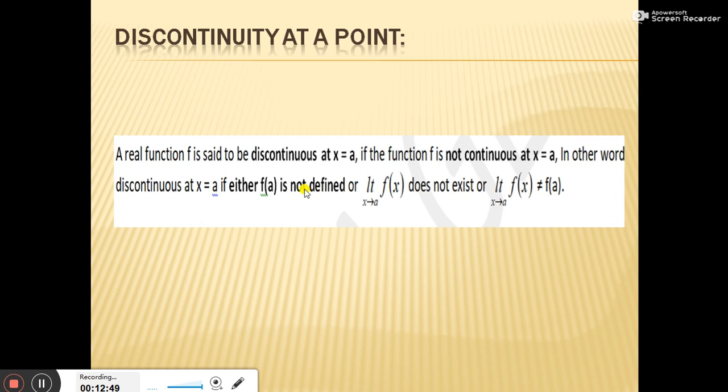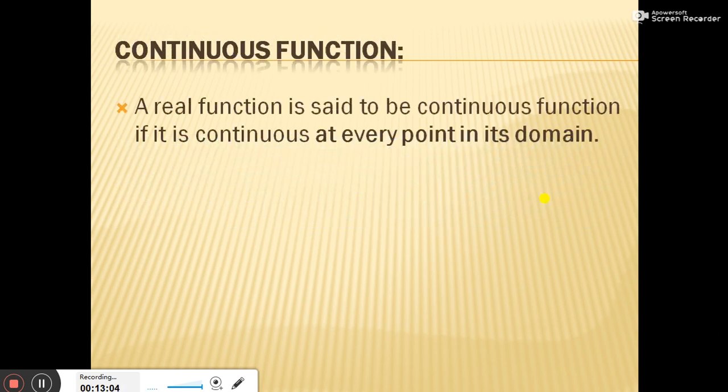That means: first case, f(a) is not defined; second, the limit does not exist; and third, the limit is not equal to the value of the function. Then this function is discontinuous. A function is continuous if it is continuous at every point in its domain.